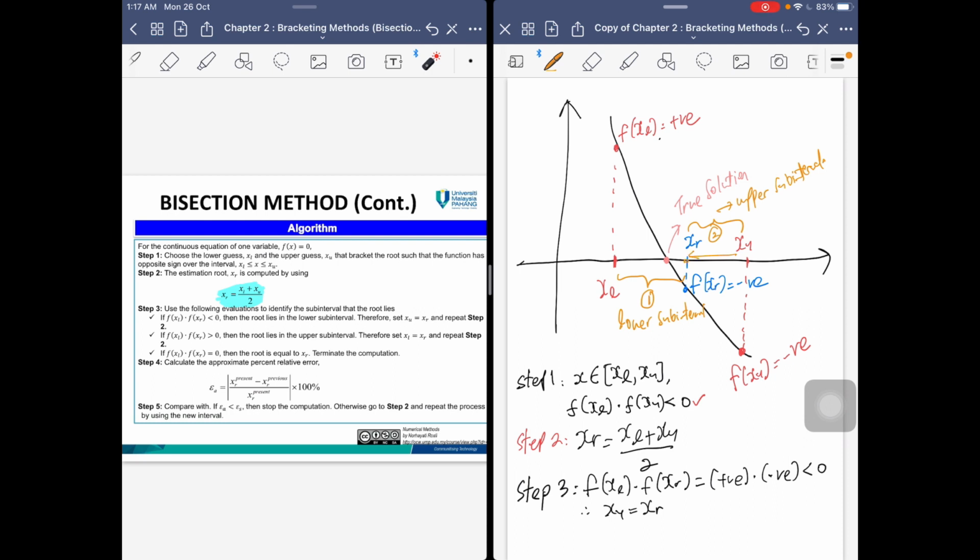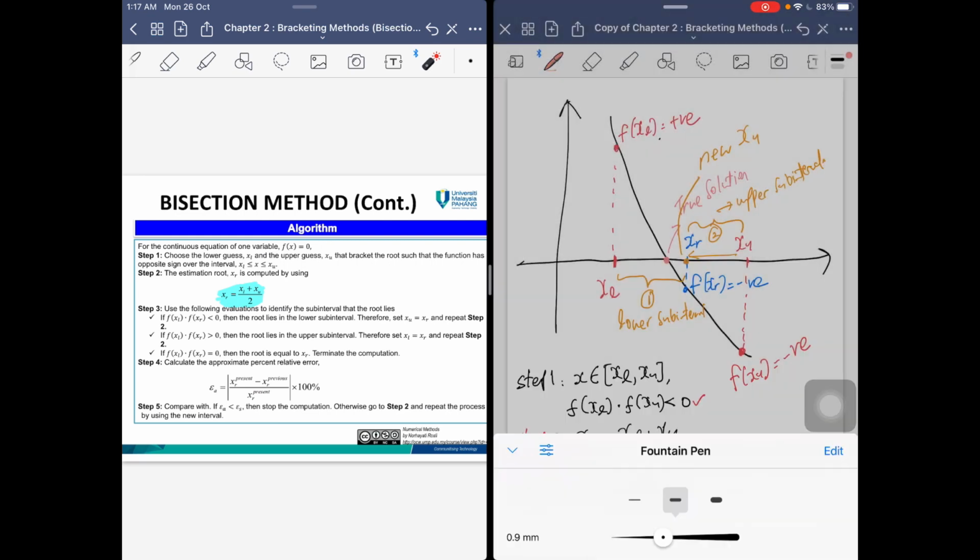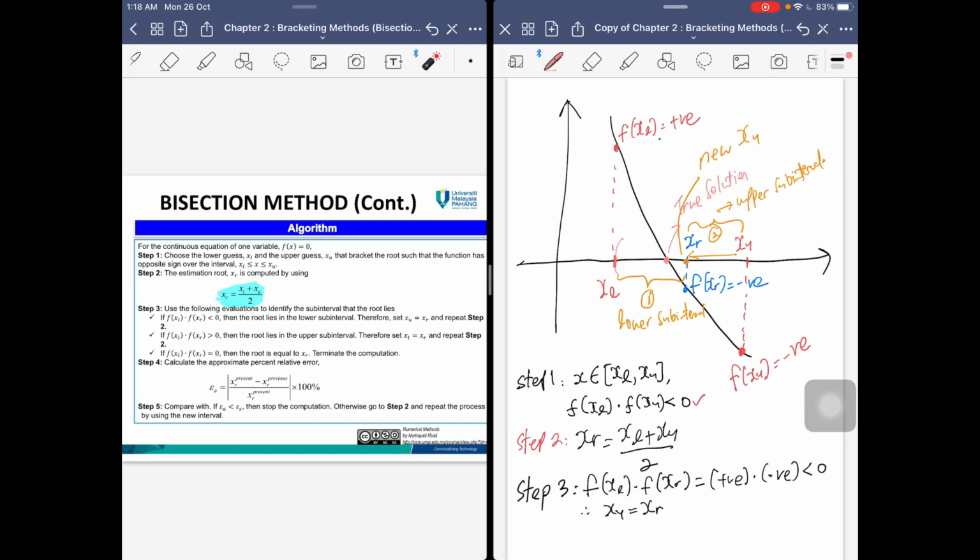So now this becomes my new XU. You can see the interval becomes smaller and smaller, because we are approaching this true solution here.